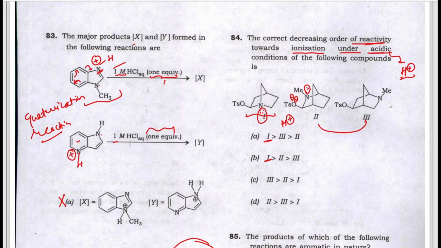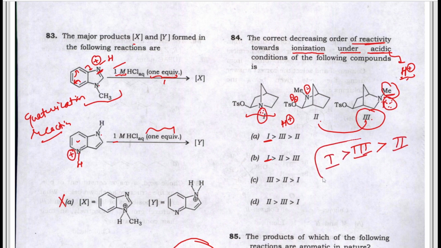If we compare these two cases, the third has more reactivity because there is lesser steric hindrance. There is only one methyl group on the nitrogen atom and no steric hindrance around it, so it can be easily available to the proton. This lone pair is easily available for donation. So the third has more reactivity as compared to the second compound, and the first has maximum reactivity towards ionization.